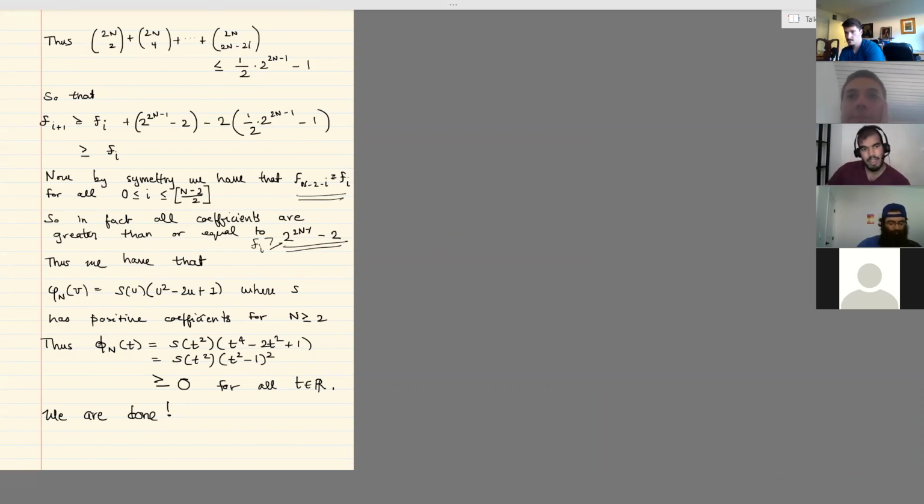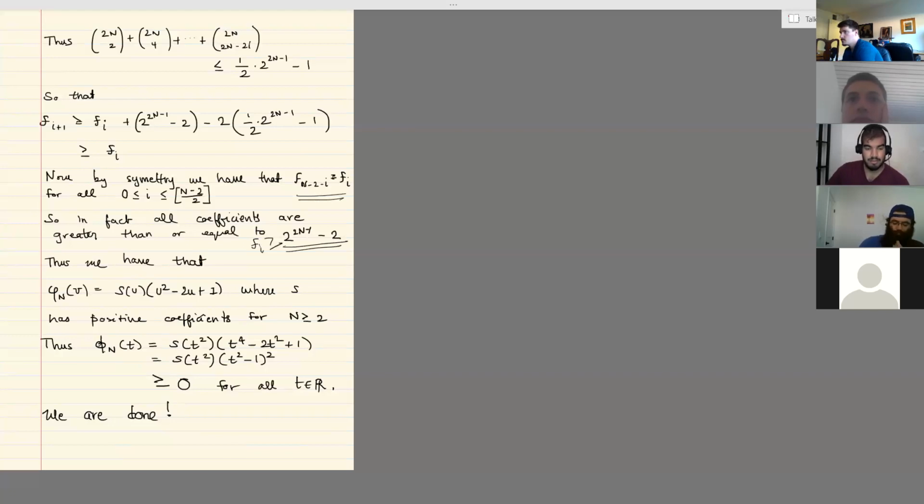So now we can write phi sub n of u is equal to s of u times (u squared minus 2u plus 1), where s has positive coefficients for n greater than or equal to 2. And if n is equal to 1, then you actually don't get positive coefficients, you get a 0, I believe.